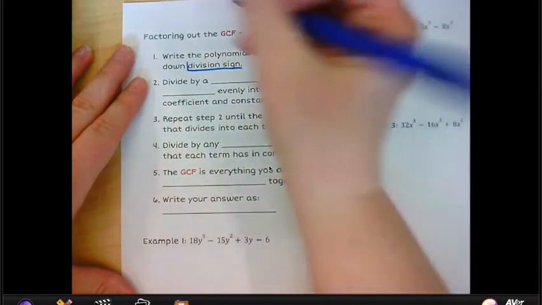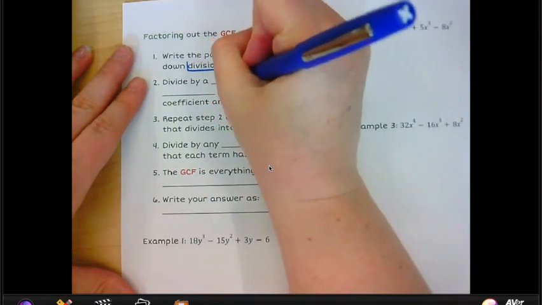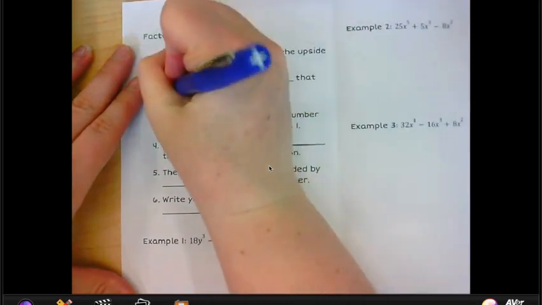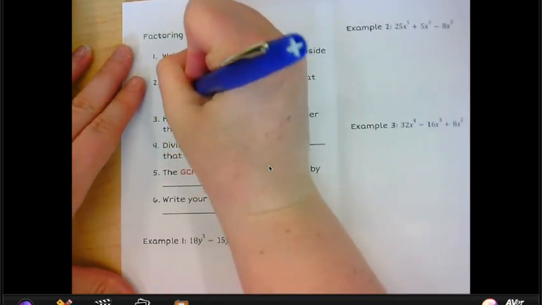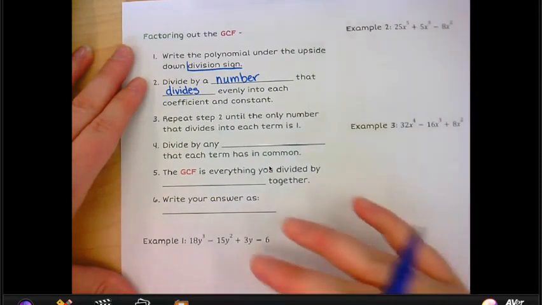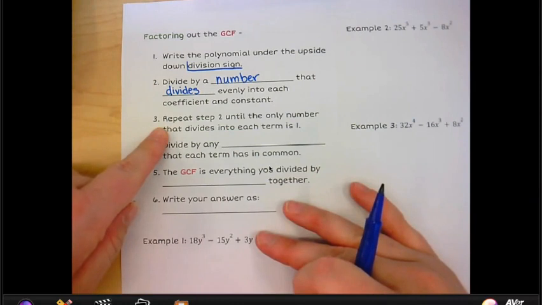Then we're going to divide by a number that divides evenly into each coefficient and constant. So it has to divide into every coefficient and constant in the expression. And then we're going to check and repeat that step until each term can only be divided by 1.